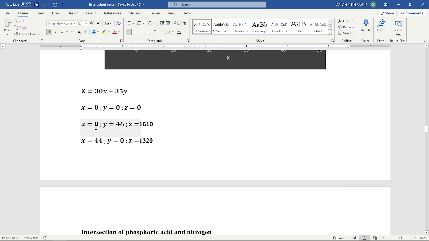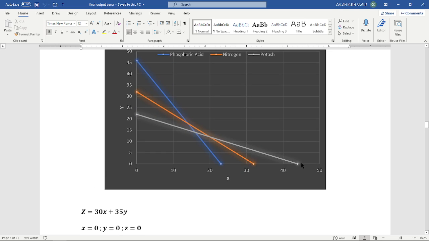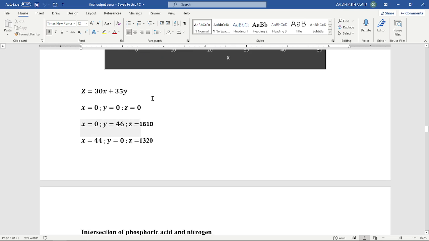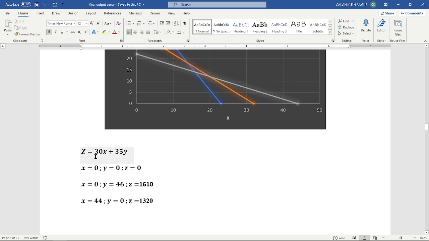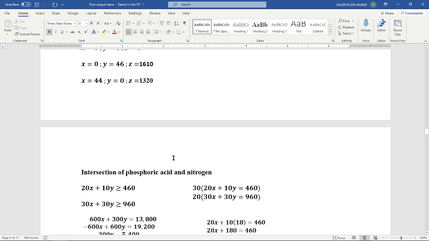So x equals to 0 and y equals to 46. I mean here 46. So 46 times 35 will be equals to $1,610. And then for the next is 44 here. 30 times 44 will be equals to 1,320.